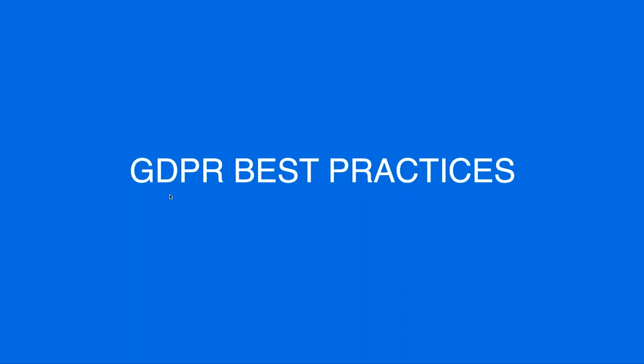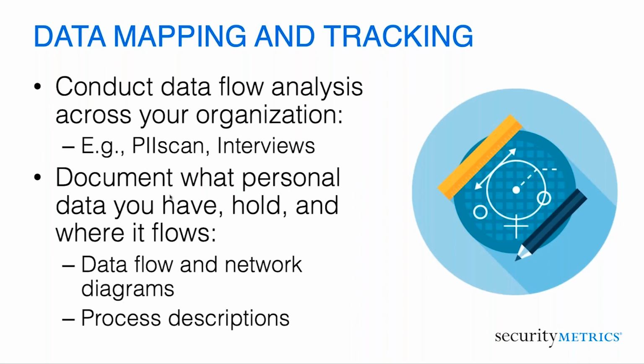So some best practices that we've seen here at SecurityMetrics, as we've been talking with a lot of different folks at different entities and different providers and different merchants. Number one, I would say, you've got to do your data mapping. You've got to know which data you have, what type of personal data, how much personal data, where personal data is in your organization, where it goes internally, how it comes into your organization, does it flow out of your organization, and where?